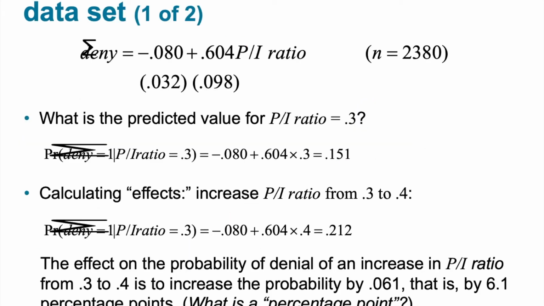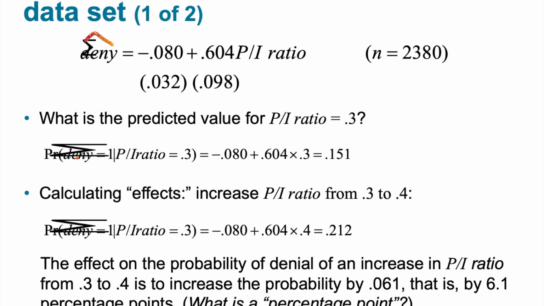We are predicting the probability that an applicant is denied, and the linear probability model is: probability denied equals negative 0.08 plus 0.604 times the payment to income ratio. Now let's ask, what is the predicted value for a payment to income ratio of 0.3?